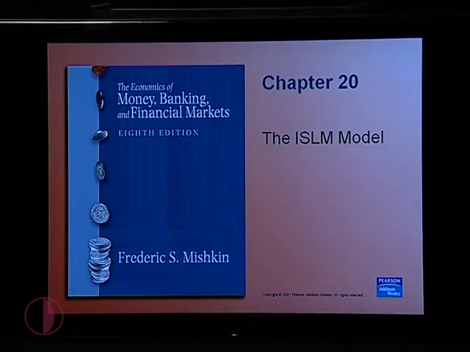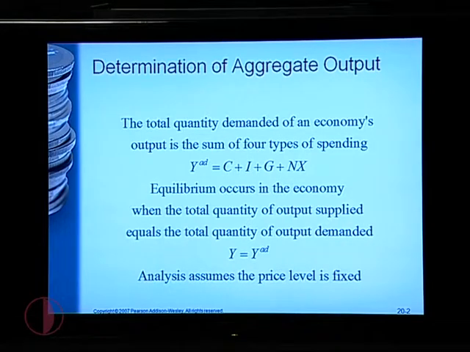Today, we are going to look at chapter 20, the ISLM model. We are trying to see the determination of aggregate output, where the total quantity demanded of an economy's output is the sum of four types of spending.